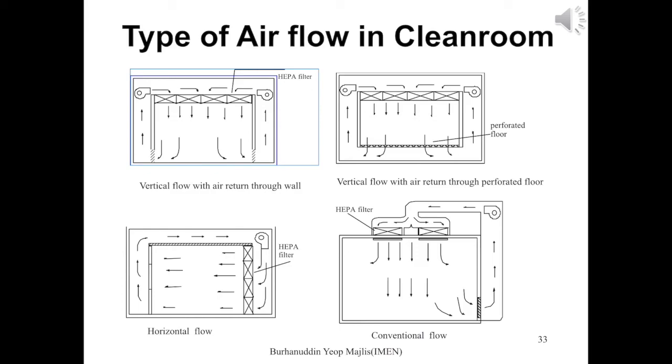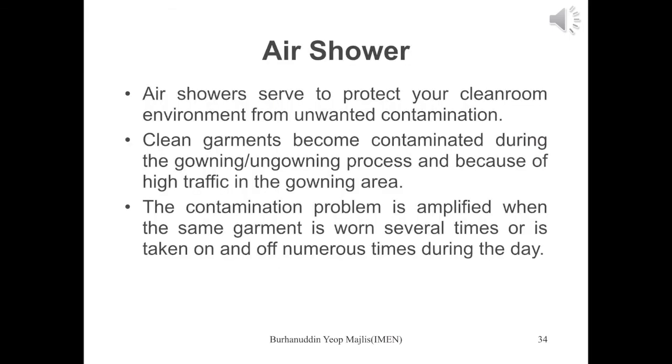And the fourth one is the conventional flow. So we have a HEPA filter on the ceiling. The air returns through the wall, on one side only. So this is the conventional. Then from the return, the air will go back to the HEPA filter. Okay, air shower.